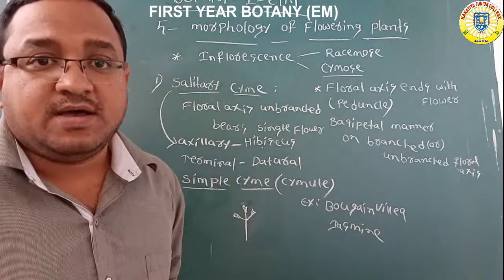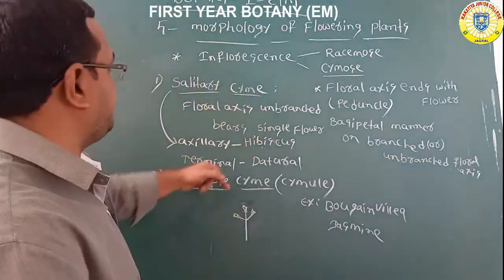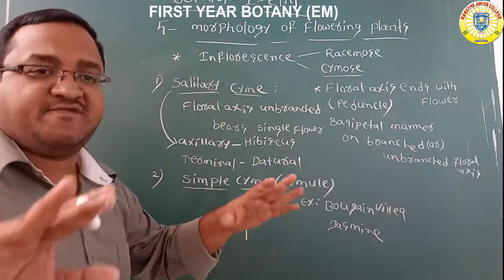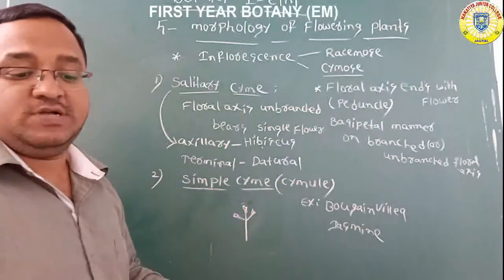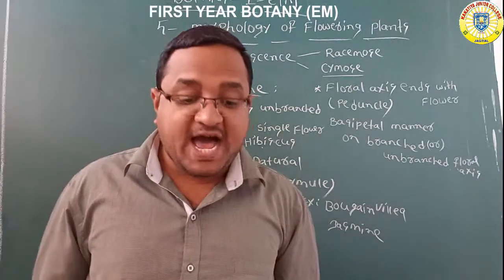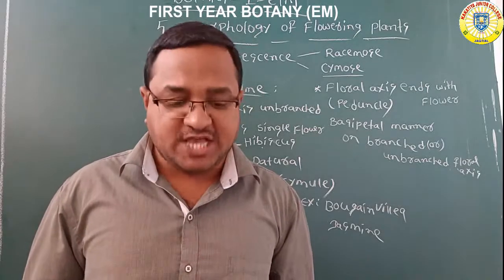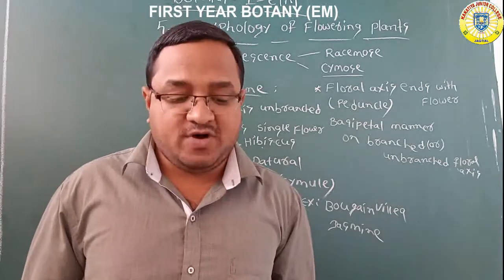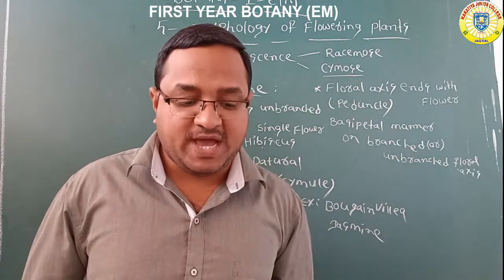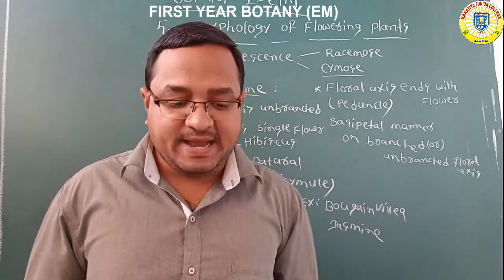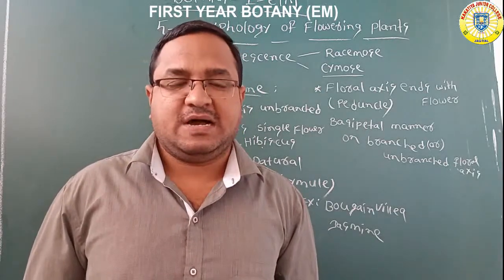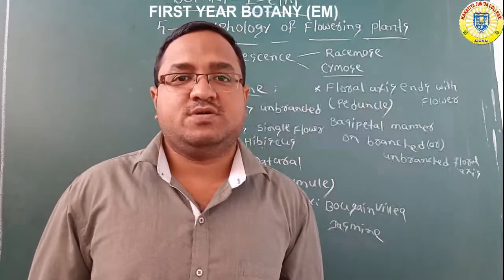Next, up to now what we discussed, there are no branches of the floral axis. Suppose the floral axis is branched, then the cymose inflorescence is divided mainly depending on the number of branches. How many branches are formed?